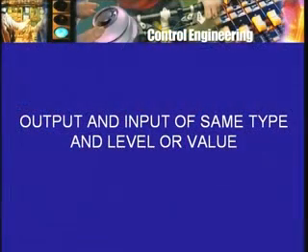So the input variables or the reference variables are quite different in physical nature from the output variables, and so their values are also quite different. So it's extremely rare that the reference signal will be of the same type physically as the output that is being controlled.